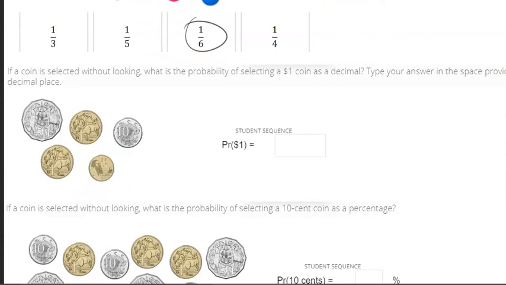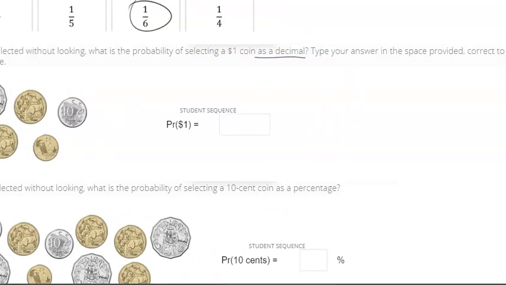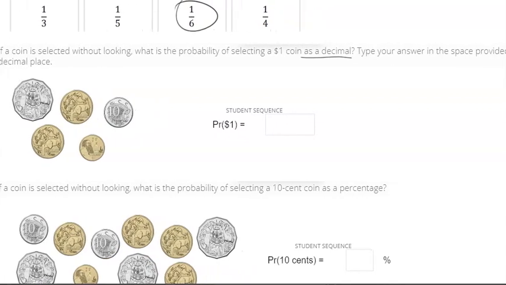The second example is a bit of a long question, so I might have to swipe to the side for this one. If a coin is selected without looking, what is the probability of selecting a $1 coin as a decimal? Type your answer in the space provided, correct to 1 decimal place.